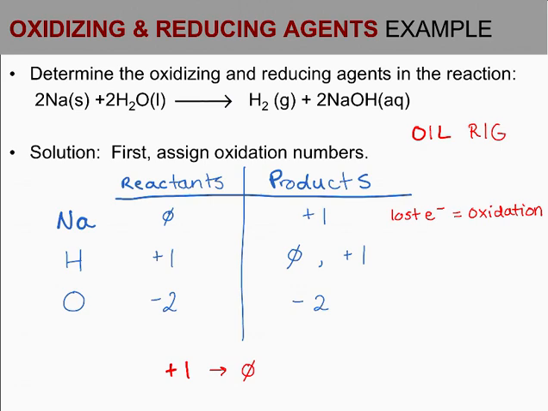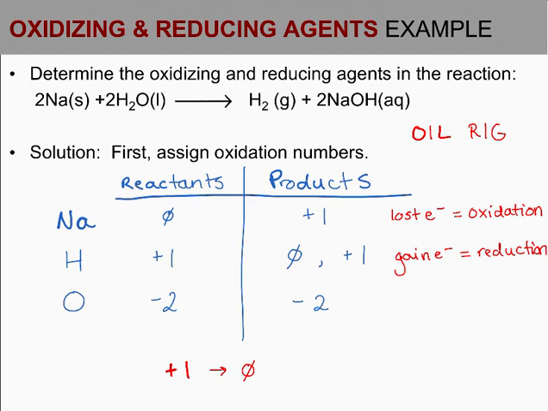So if we're gaining a negative, that means we're gaining electrons. If hydrogen is gaining electrons, is that oxidation or reduction? Hopefully you said reduction.